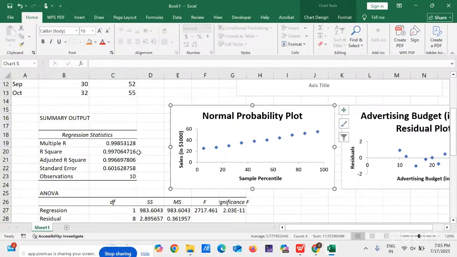Hope you have performed this regression step using the tool pack and you got the same output.